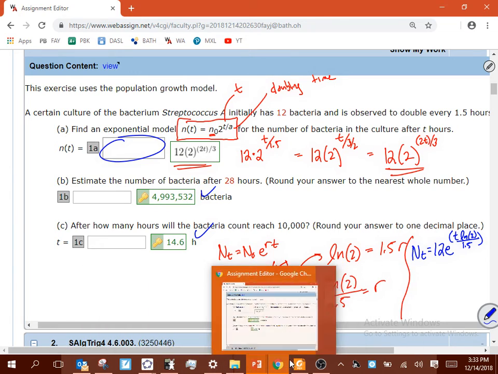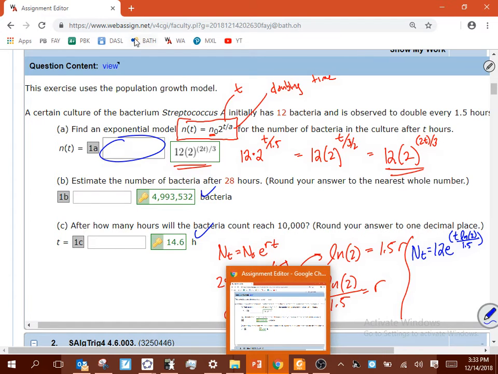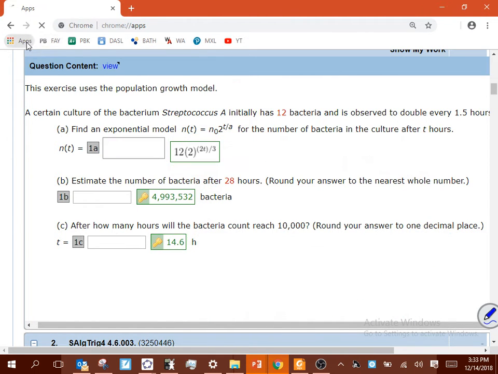If we use, it doesn't really matter what calculator, I thought I had one open here. All right, I'm going to see if I can pull open Desmos here.